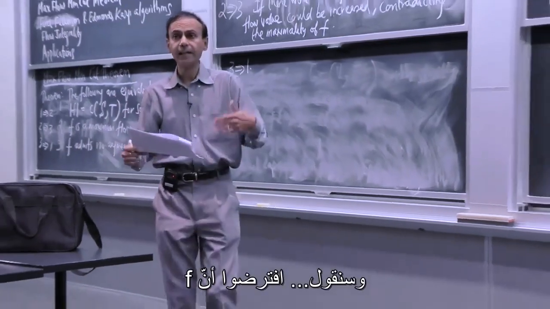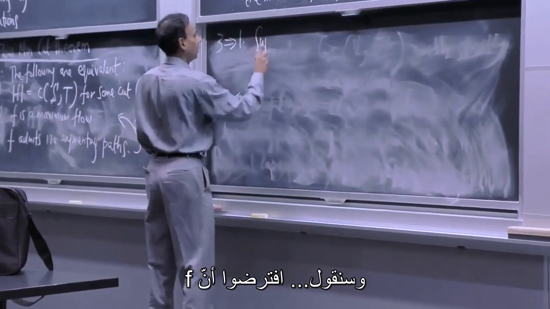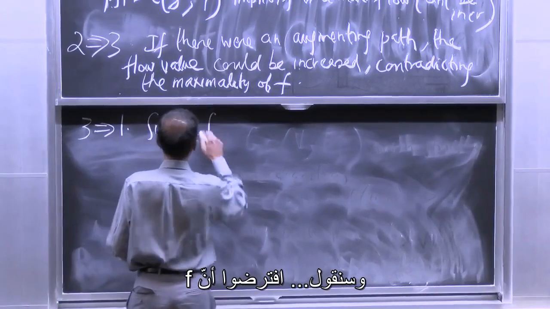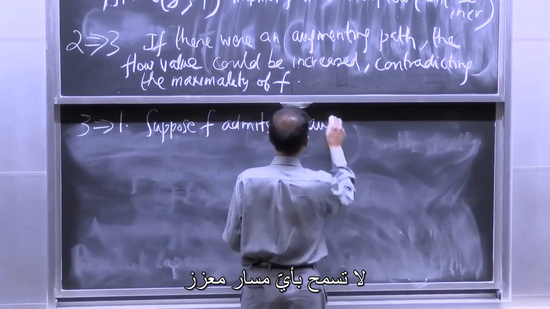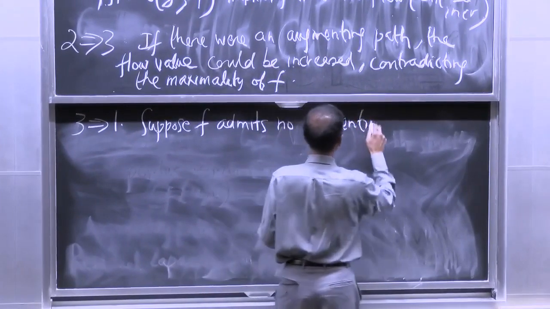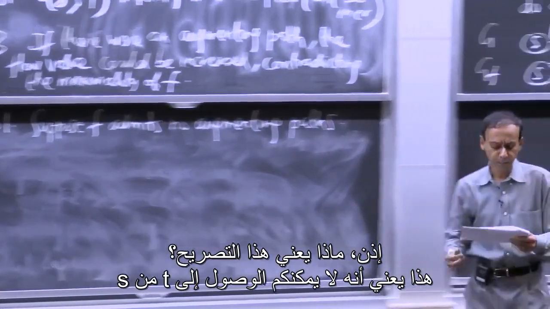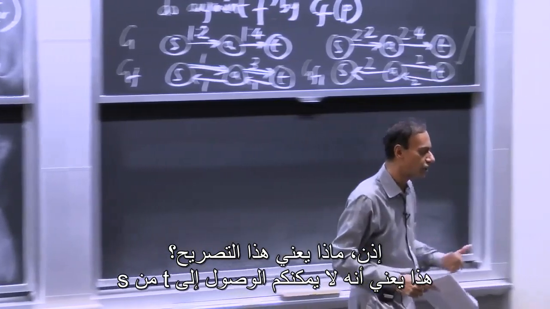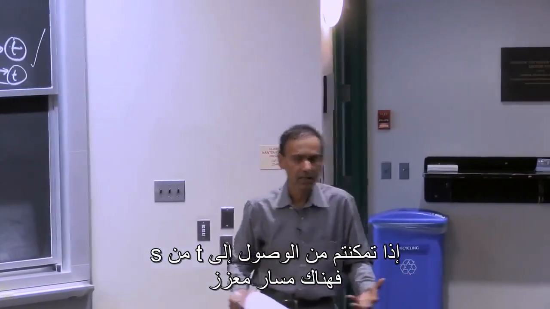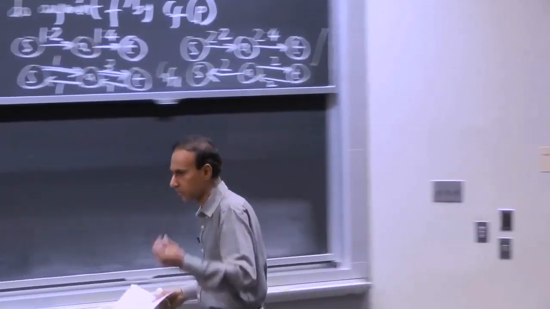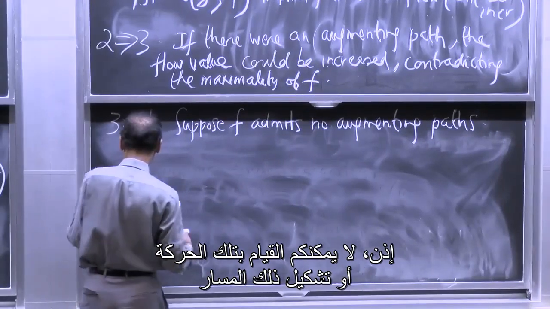Suppose F admits no augmenting paths. So what does that mean? Well, that means that you can't reach T from S. If you reach T from S, there's an augmenting path, so you can't make that path.